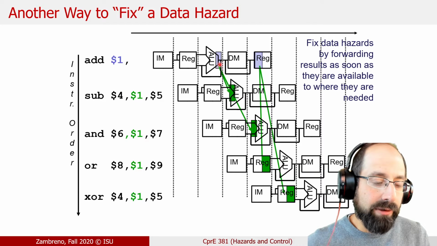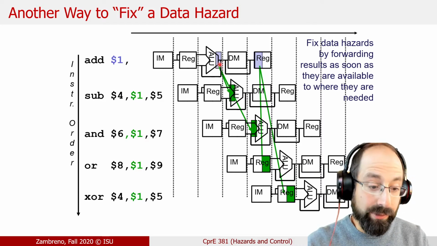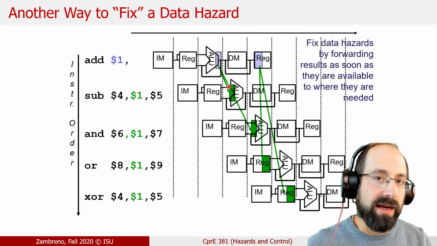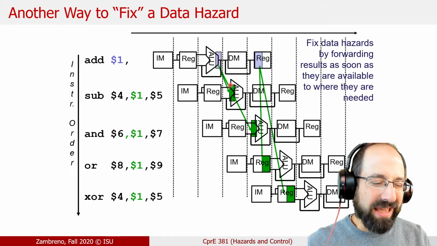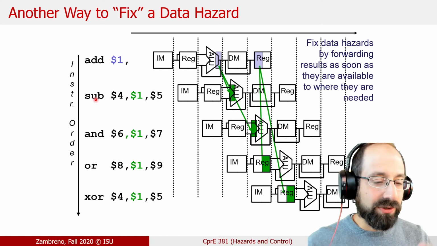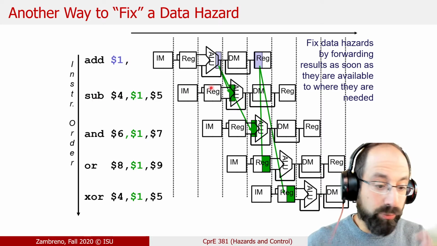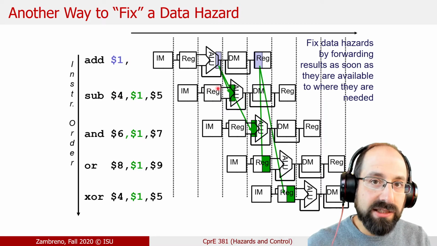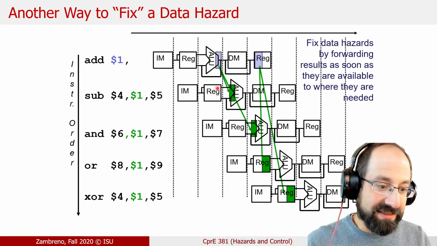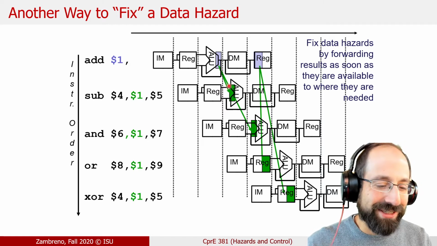So in data forwarding, we would be building some logic to detect when this would be a concern, a case where we would have to do this forwarding, and then recognizing that from the ALU's perspective, it doesn't really care where the data came from, right? It just takes two inputs and in this case does the subtraction operation, right? Ideally, it's coming from the register file, and we do read from the register file for this next subtract instruction, but we're then going to forward the data from the previous instruction on and skip to the head of the line there, such that, as we can guess, it would require additional muxes and extra logic for that.